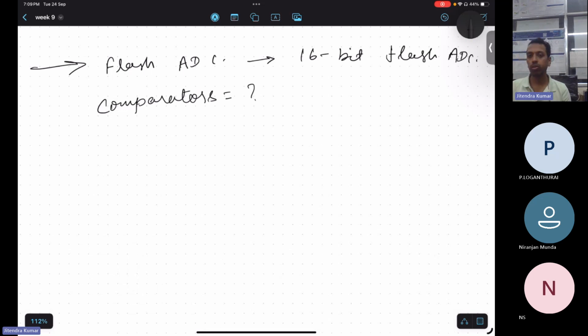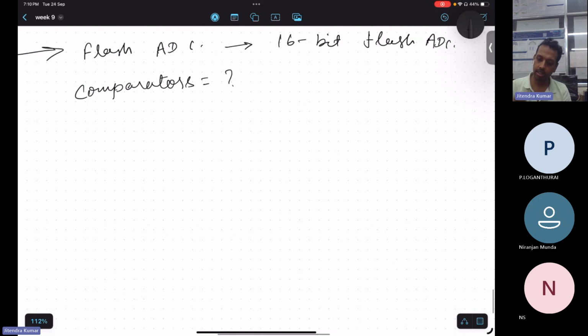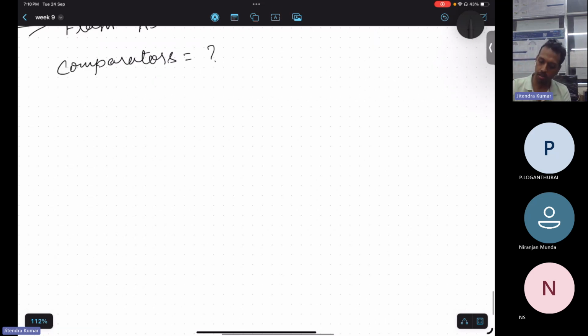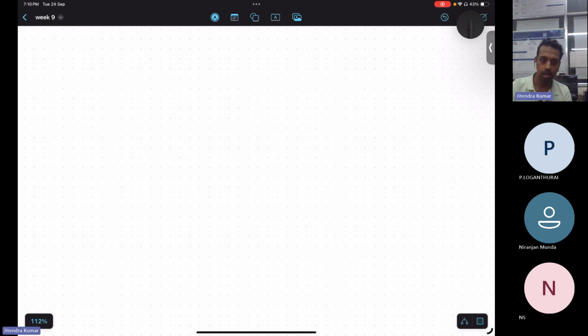Before proceeding towards the answer, what happens in a flash type ADC? Let us see. A flash type ADC is connected in a fashion where multiple resistances are connected with the comparators. So let me draw that.